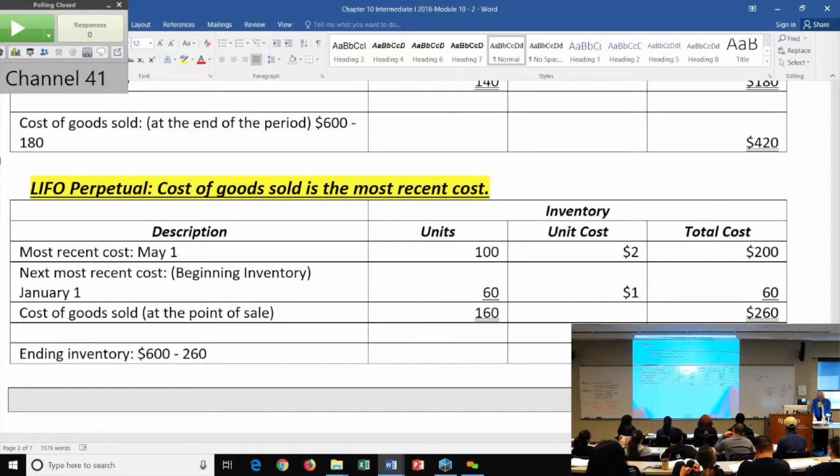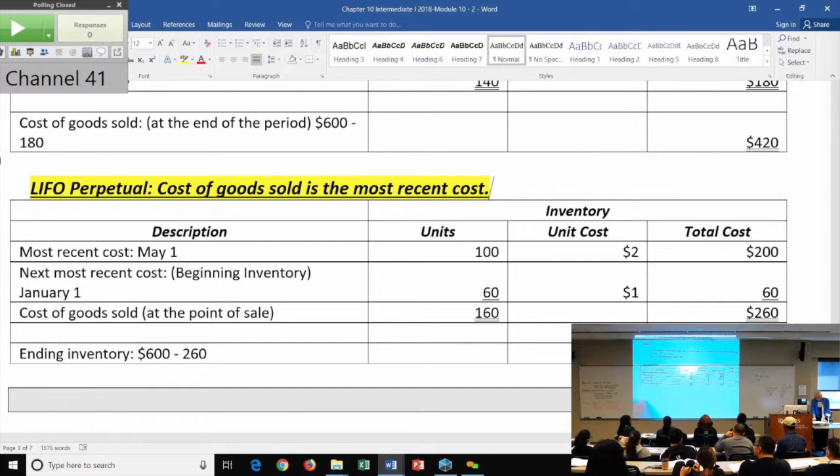To avoid liquidating those base layers, you could make that purchase. Let's say you got more sales coming up. What would you do? You might buy more units after that sale. Let's say you sold another 100 units here. You might decide to go out and produce more units at $4. Now your cost of goods sold is even higher.